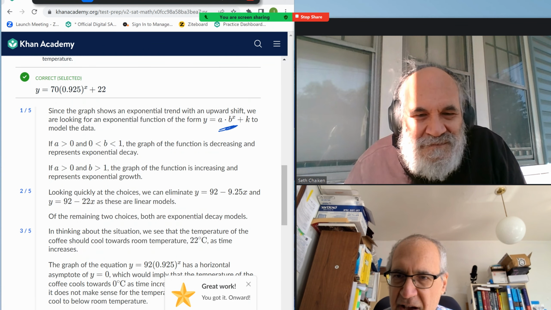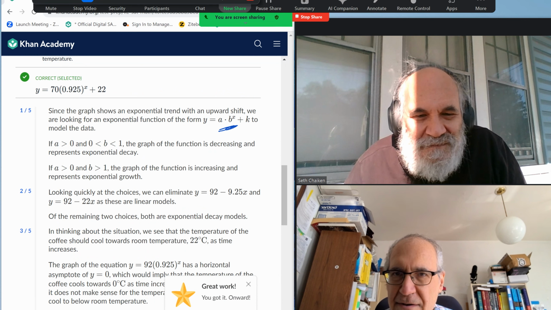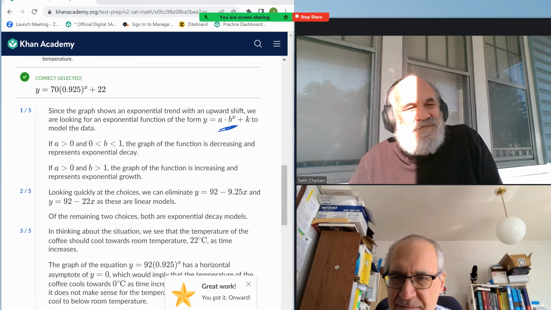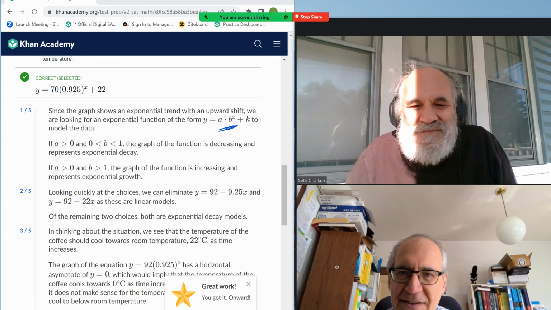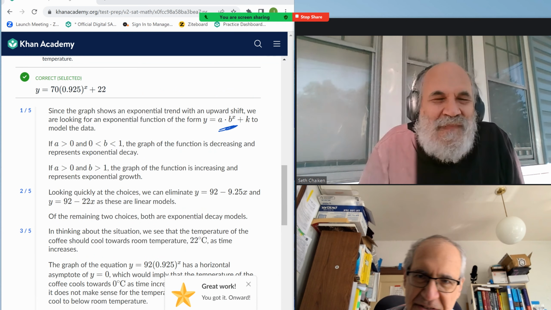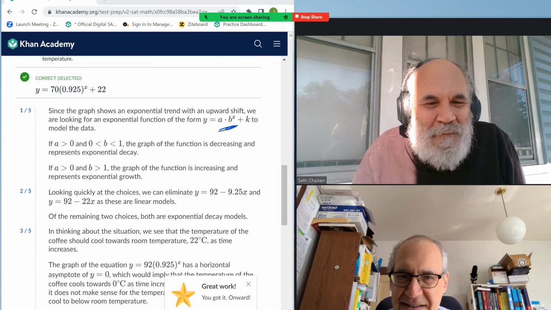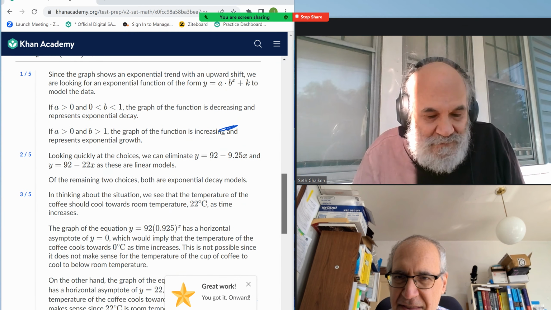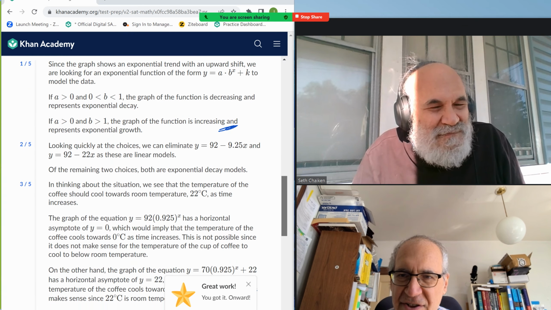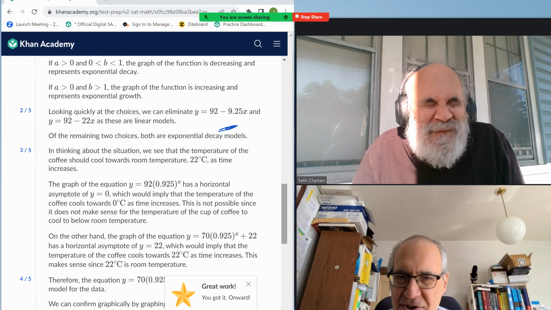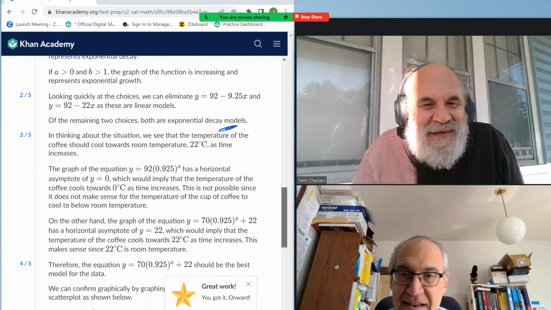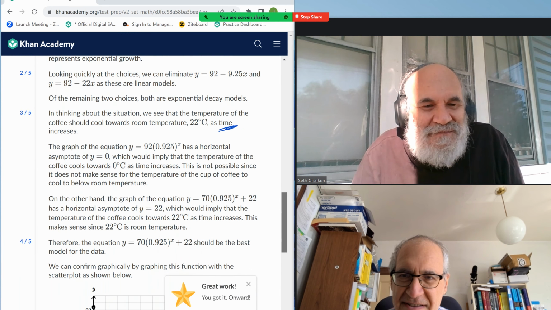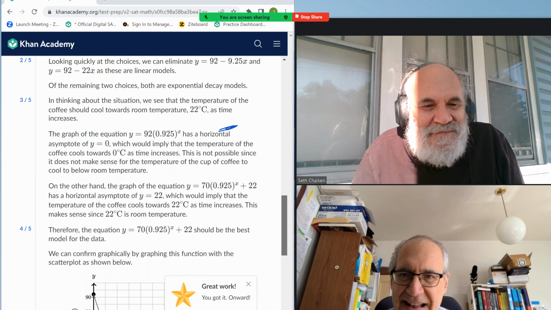Now A is greater than 0, B is greater than 0, and B is less than 1. This function is decreasing and represents exponential decay, exactly what we talked about. We can eliminate the linear choices. Thinking about the physics of the situation, it has a horizontal asymptote, exactly what Seth said.